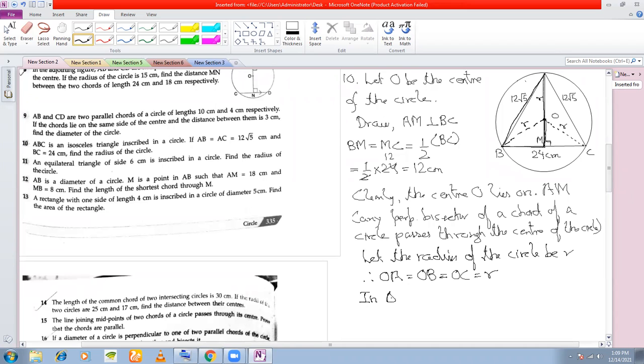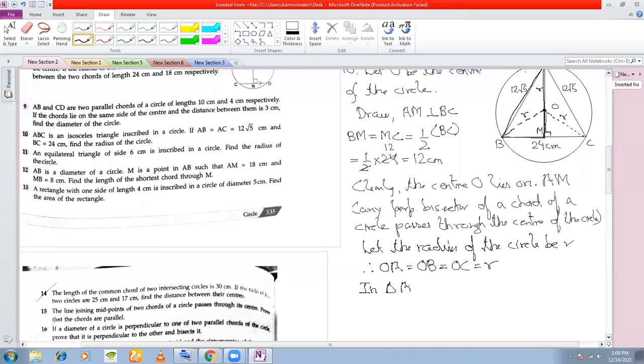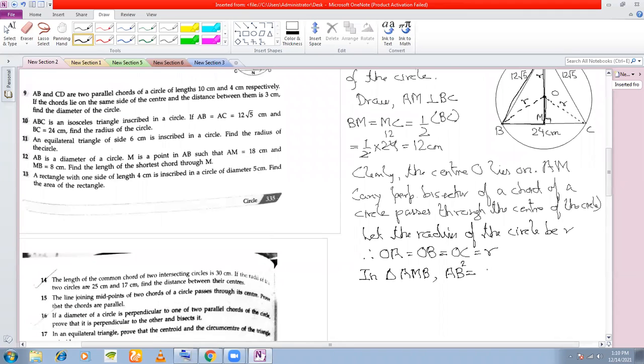In triangle AMB, you have AB square is equal to AM square plus BM square. Right? Put the values. AB you know as 12 root 5.